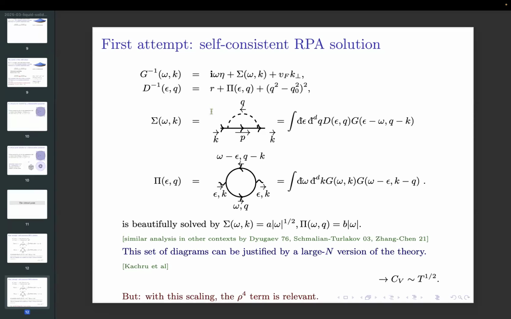But at least at the level of 1 over n corrections, yes, it's true that large n corrections to this self-consistent one loop are small. But are they logarithmic? It's an analogous problem to the one with hotspots and antiferromagnetic fluctuations: 1 over n corrections to the self-consistent theory contain logarithms.